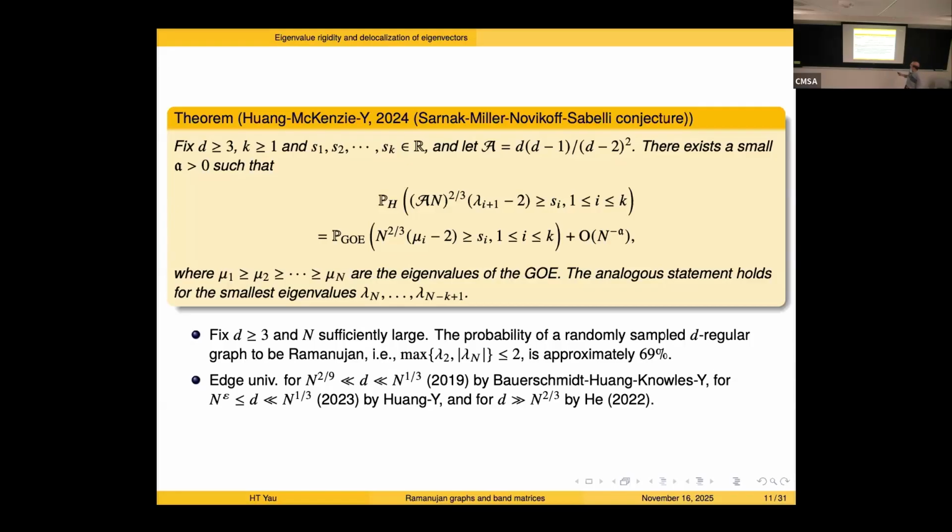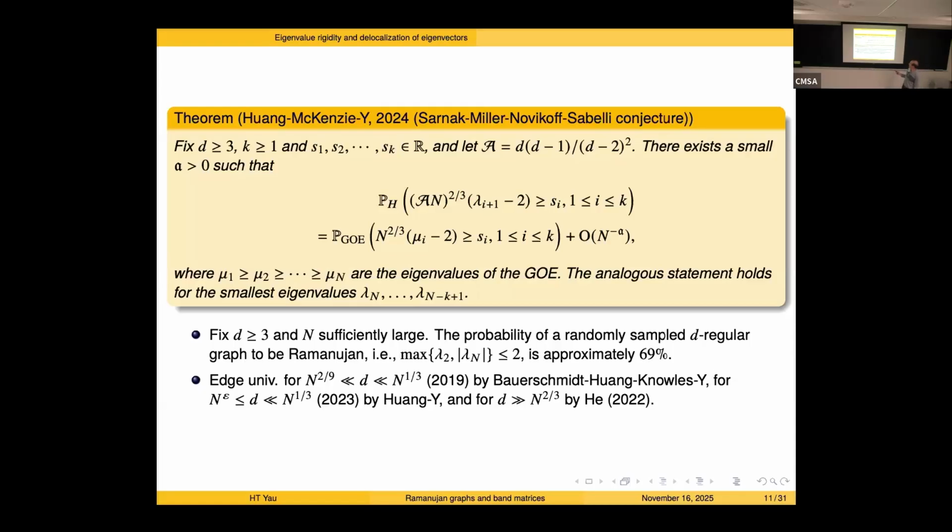You take the eigenvalues of a random d-regular graph, and because the first one is completely outside, you start from the second one, then the third one, and so on. You look at their probability distributions, and you compare with the Gaussian case using the Gaussian orthogonal ensembles. You find that they have exactly the same probability law, with a scaling constant A that can be computed explicitly.